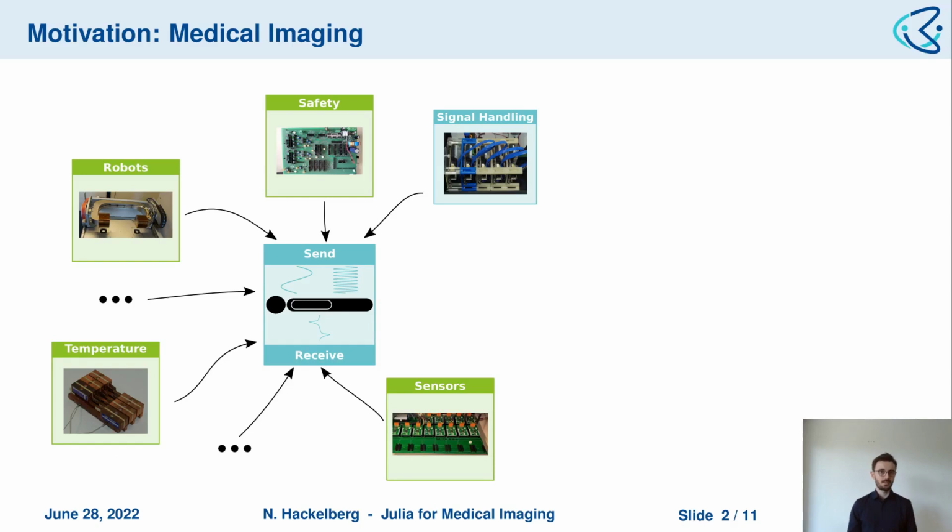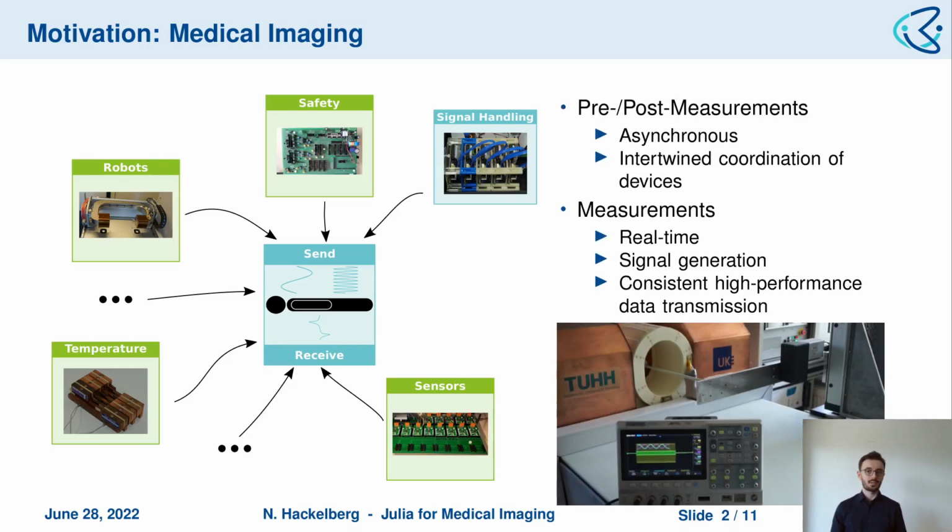And while implementing our systems, we were faced with challenges that could be roughly grouped into two scenarios. The first scenario is what happens after and before a measurement. And here we need to get the scanner into a state where it can measure and leave the state again. And this usually involves a lot of different asynchronous tasks, such as moving a robot.